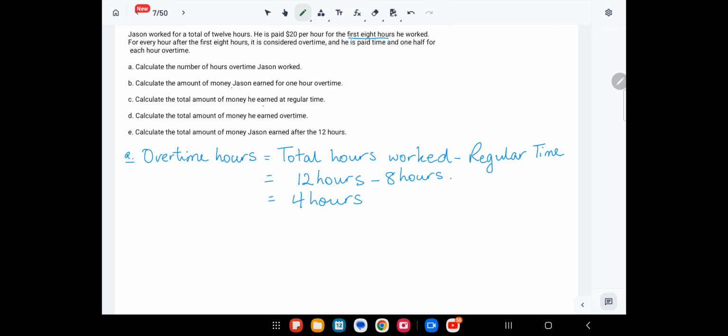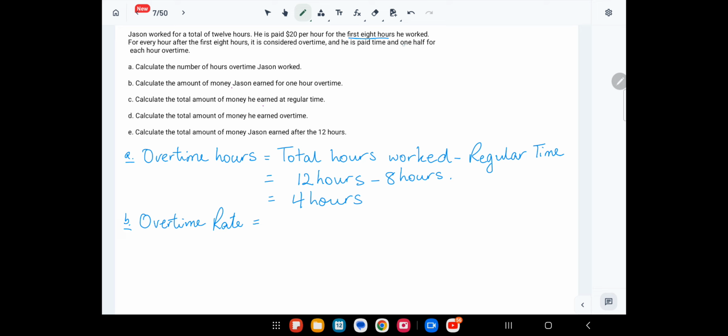So moving on to part B now, it said calculate the amount of money Jason earned for 1 hour overtime. So we want to calculate basically here now the overtime rate. How much money he is getting paid for 1 hour overtime. To calculate the overtime rate, we take whatever the rate is.